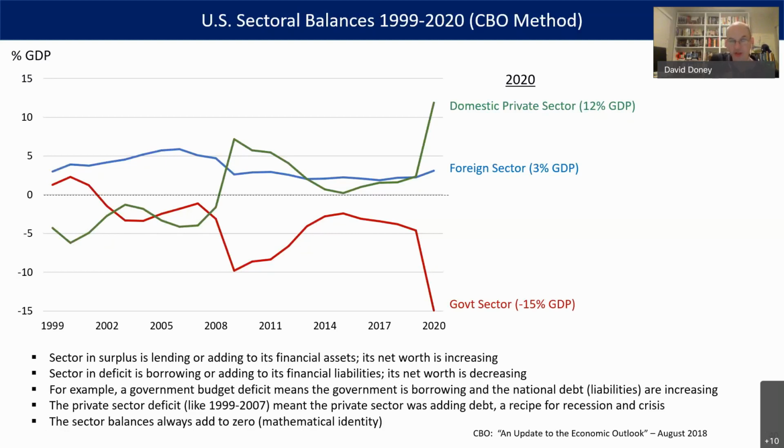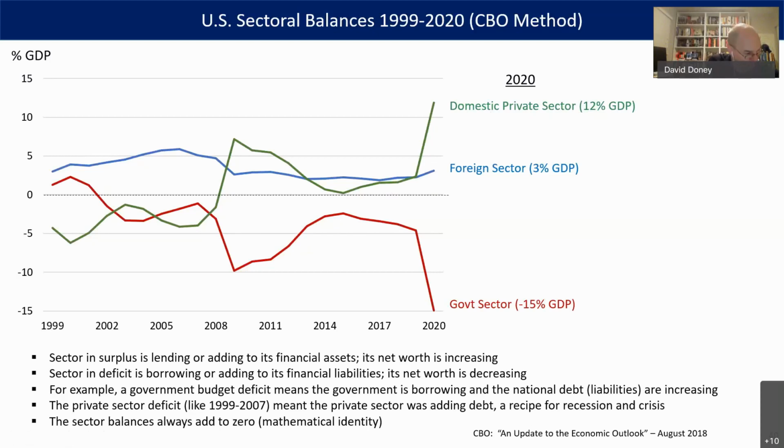So the conclusion you come to when you look at this is, all right, if we're going to run a trade deficit that's 3% of GDP, and we want the domestic private sector to also be in surplus, so let's say we want the domestic private sector to be at least 1, and the foreign sector is at 3, we're going to have to run a 4% of GDP budget deficit in order for that to happen.